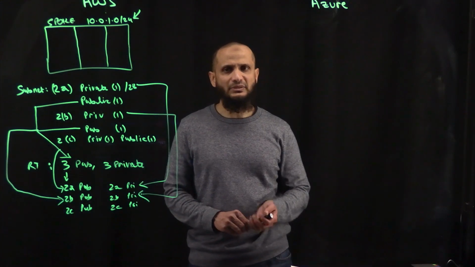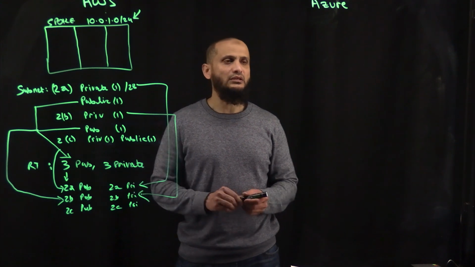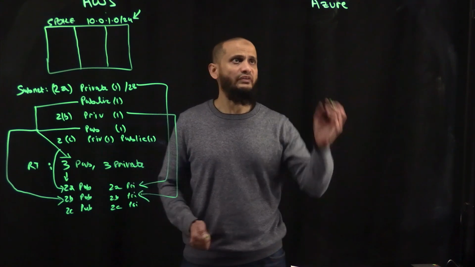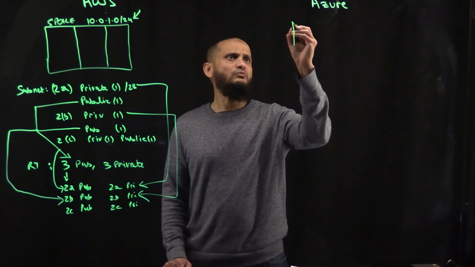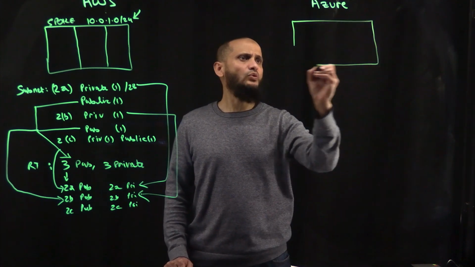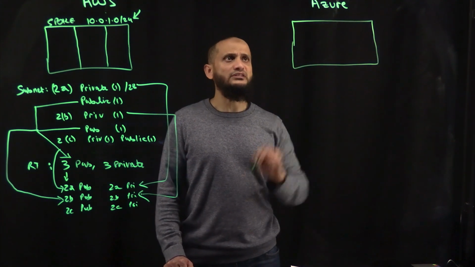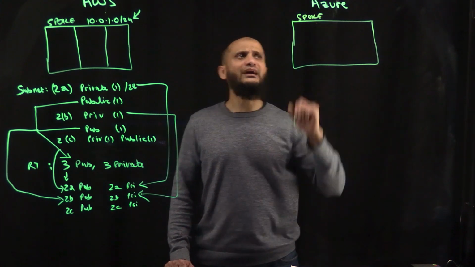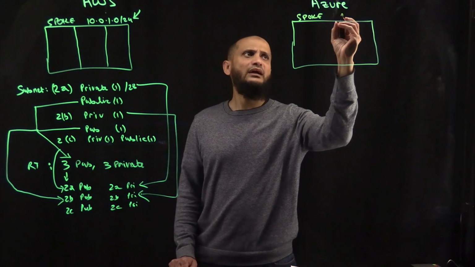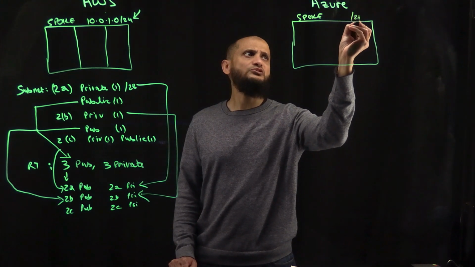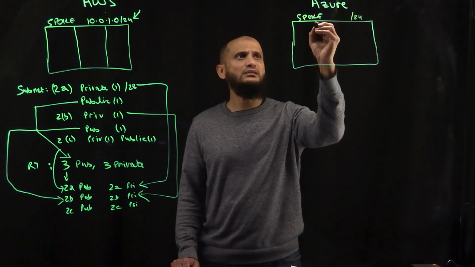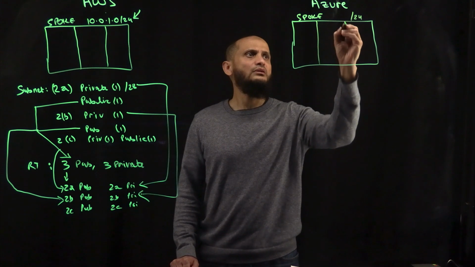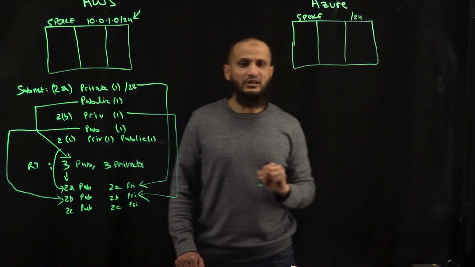So Azure works a little bit differently. When you create the Azure Spoke VNet, you again go back to the Aviatrix controller and define your spoke VNet in this scenario, and then your address space. Let's say your address space is /24, and this is US Central with 3 availability zones.